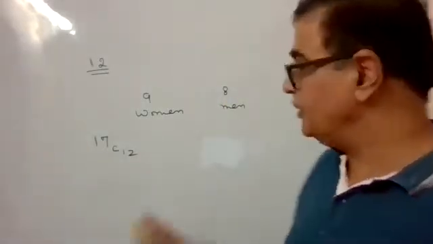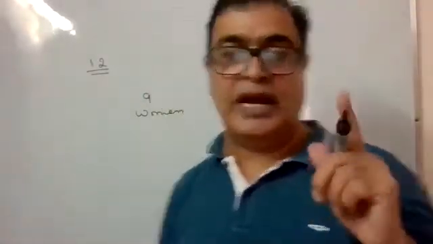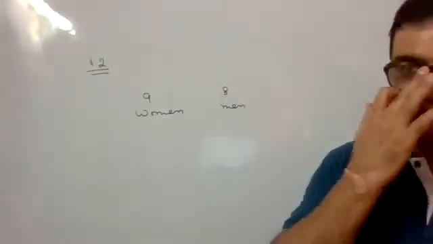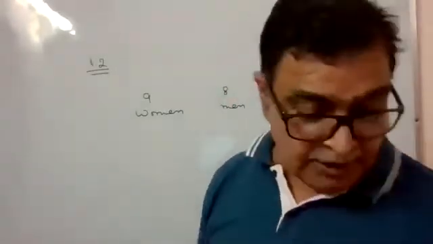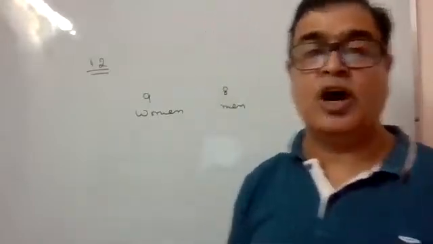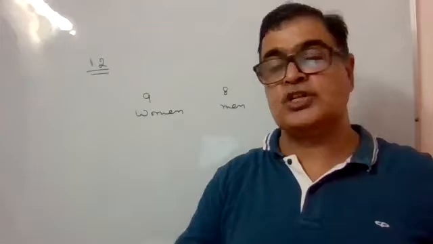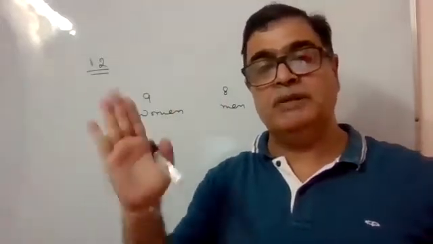Second part of the question, we have to make a committee of 12 in which women are in majority. How many ways we can do the selection of committee with 12 persons in which women are in majority?